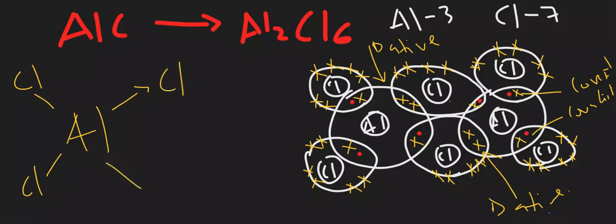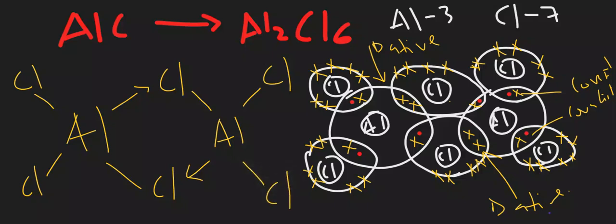This one will be chlorine. And then I'll have aluminium here, where this one is a covalent bond, this one is a dative bond, this one is a covalent bond, and this one is a covalent bond. And that is how simply we draw the bonds of aluminium chloride. Thank you. See you in the next video.